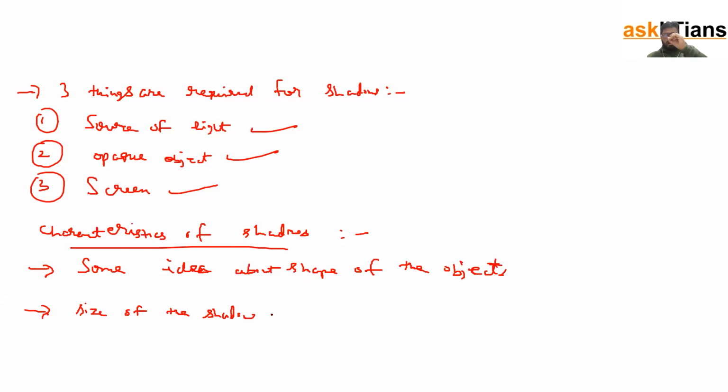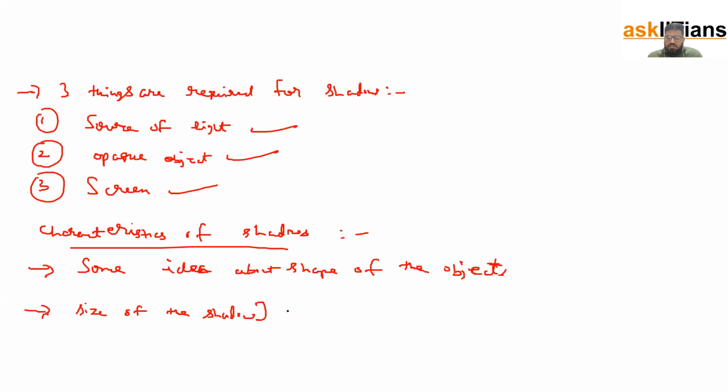But as you move the torch away from the face, the shadow of your face will get smaller. So the basic conclusion is that if the distance between the source of light, that is the torch, and the object is less, the size of the shadow will be large. If the distance between the source of light and the object is large, then the size of the shadow will be small.